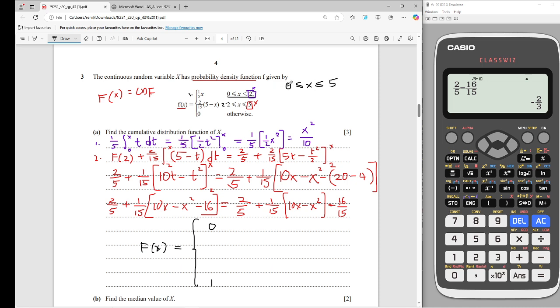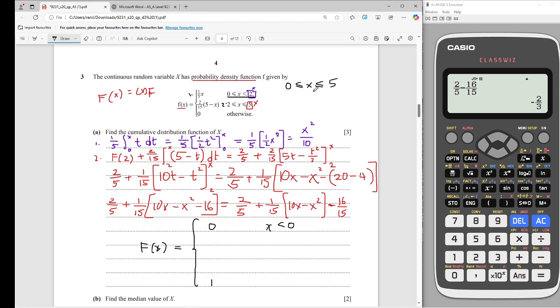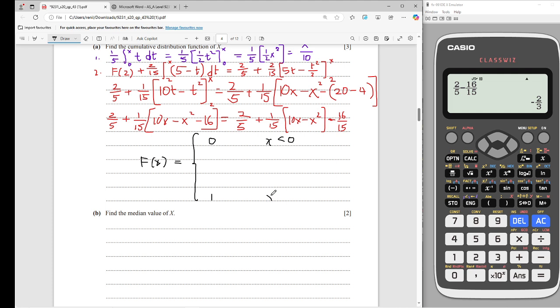So when x is lower than 0, we get a value of 0. So let's put this here, when x is lower than 0. And when x is greater than 5, we get the value of 1. So x is greater than 5. And right here, we can write our values here. We have x squared over 10. That range applies from 0 to 2.